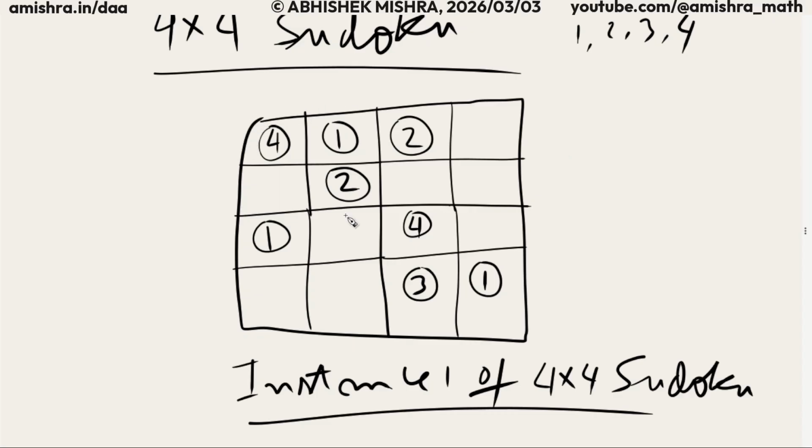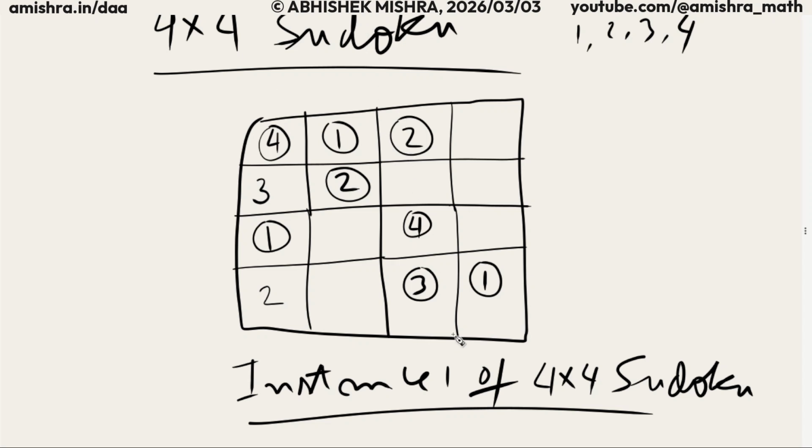So just consider this first small square. We have 3 numbers from 1 to 4, 3 is missing. So we fill the number 3. Now this column we see, we have 1 3 4, 2 is missing. So we write here 2.